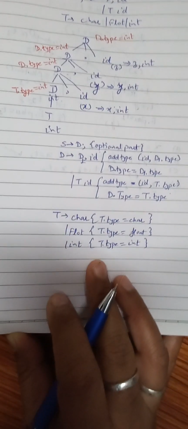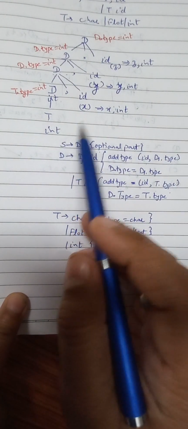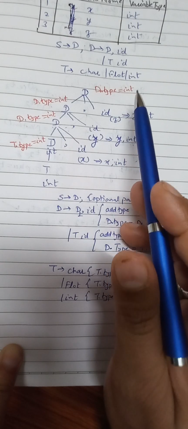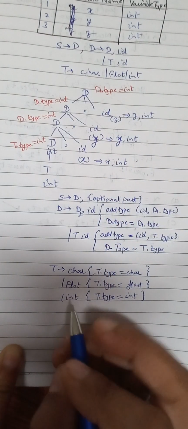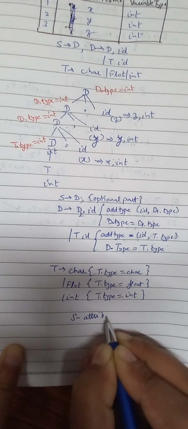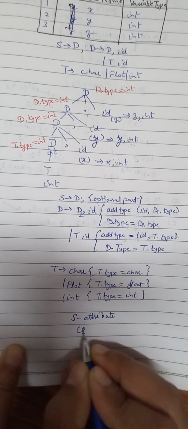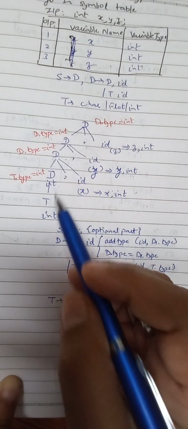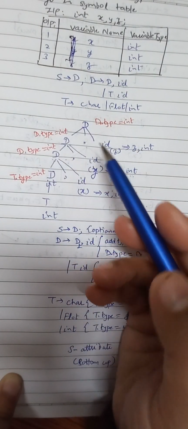So here we can say after completion of the child, the parent is completed, so this is S attributed, or we can say bottom up, because first the child gets completed, after that the parent.